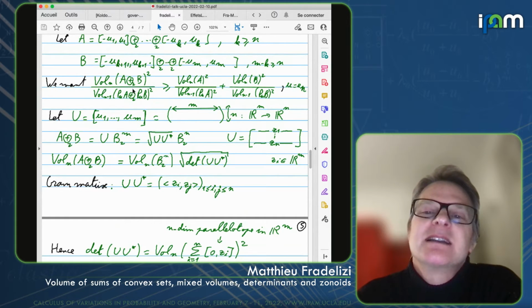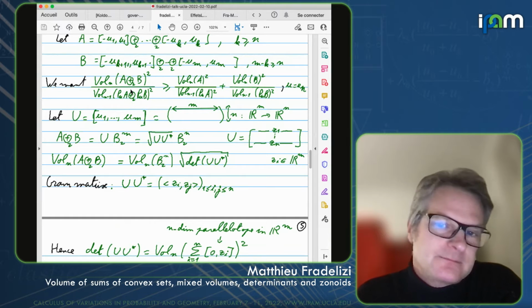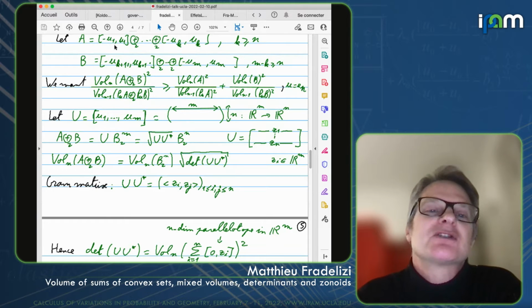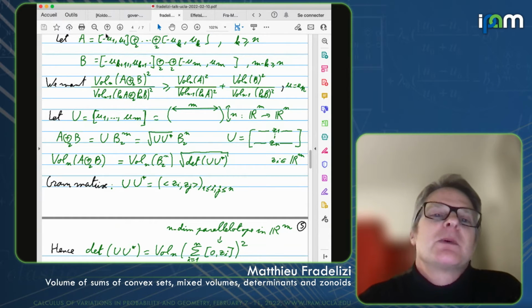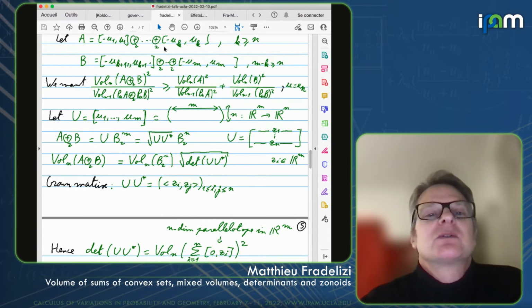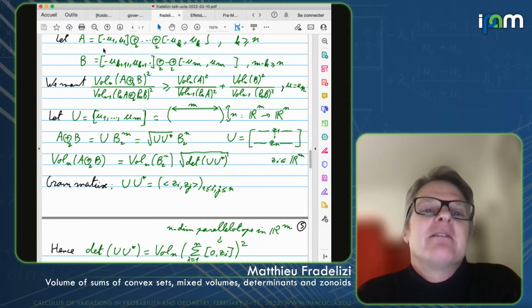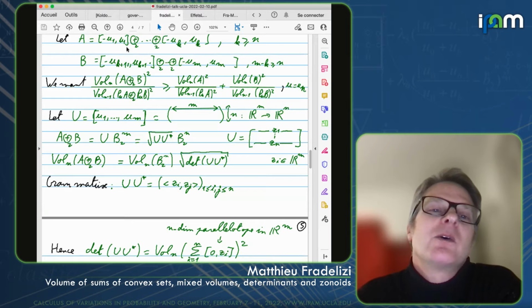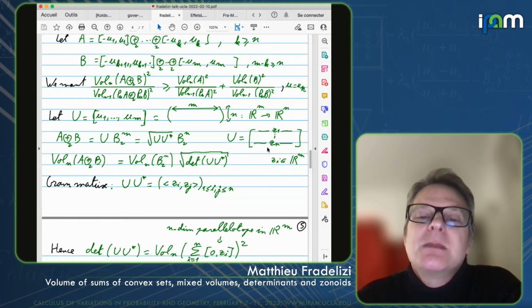It means I'm putting 0 in the last coordinate of the vector, because PUA is just the sum of the projections. The projection of the sum is the sum of the projections, by linearity with respect to a linear operator. So PUA is the sum of the projection of each segment, and the projection of each segment is just taking a 0 as the last coordinate. So it means, with respect to my matrix U, I'm canceling the last line.